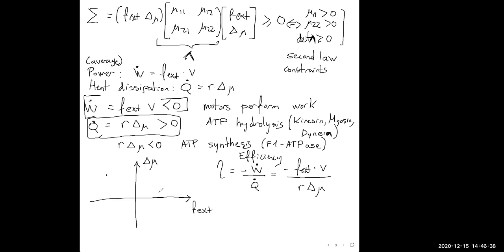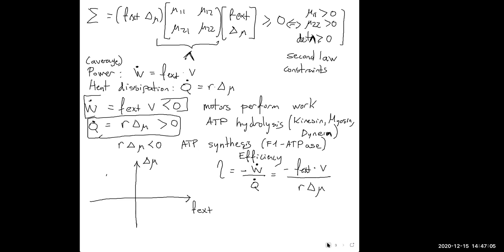I have a question. Yes. When you say the motor performs work, that means the motor will move forward? Performing work in this context means that F times velocity is negative. It means if F is negative, V must be positive.